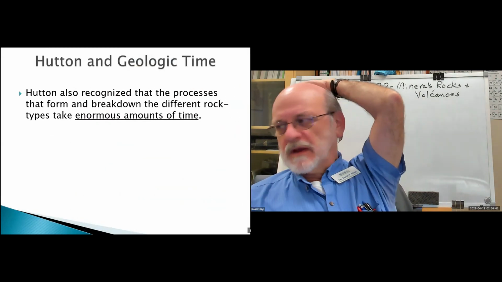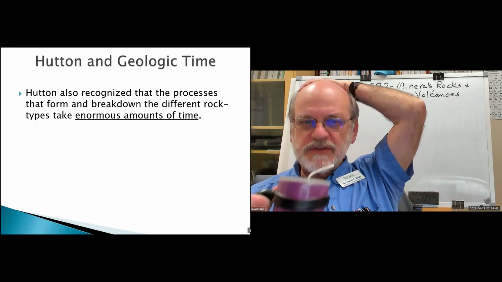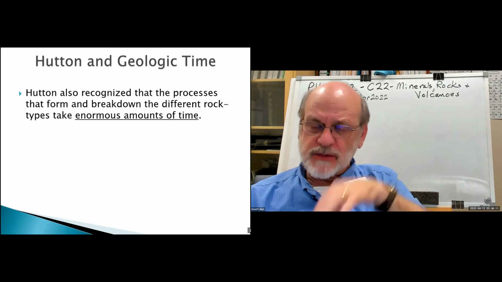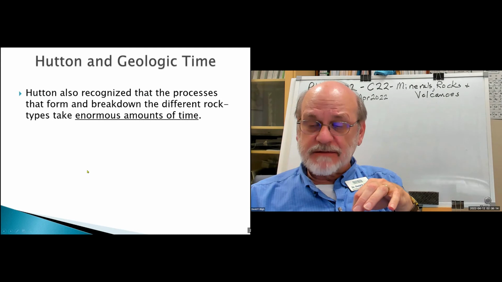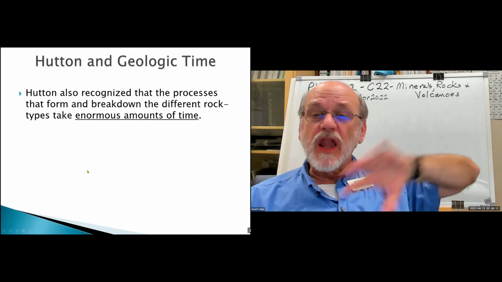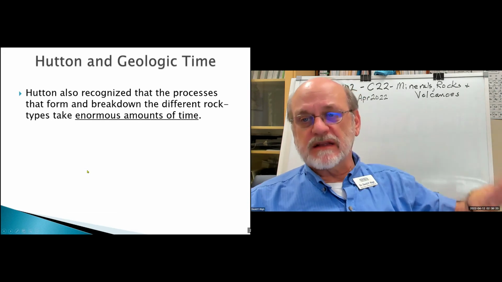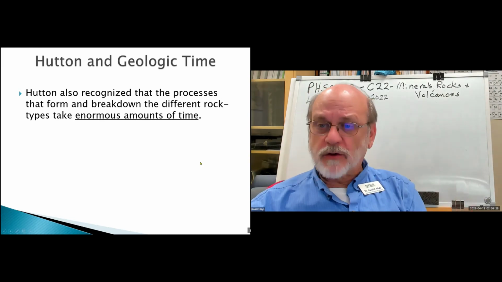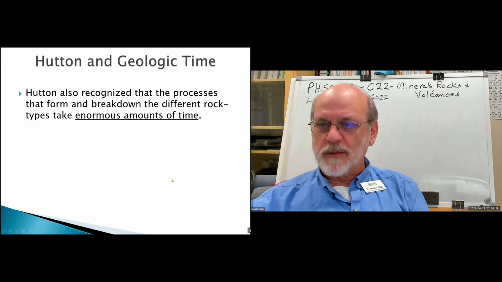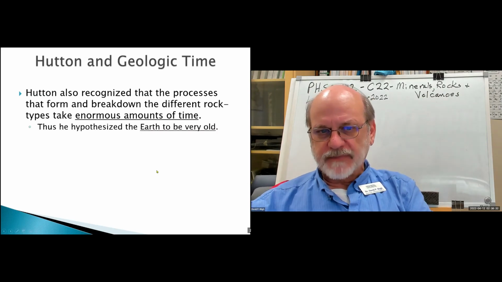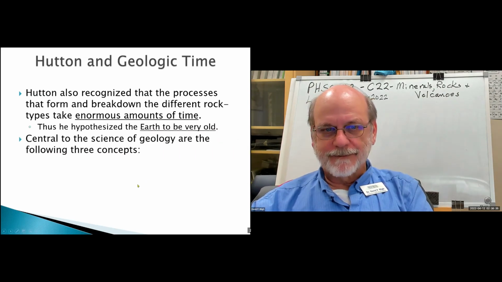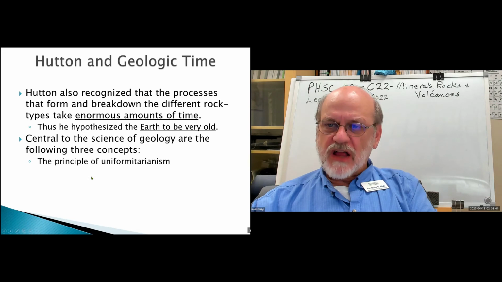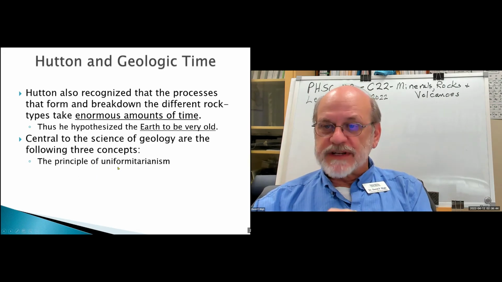Okay, so I mentioned part of Hutton's proposition was that if the key to the past is the present, then it's obvious that these processes have to occur over very long periods of time, millions and millions, billions of years, some of them, in order to account for the present day forms that we see in the rocks. Okay, so present day geology depends upon uniformitarianism.